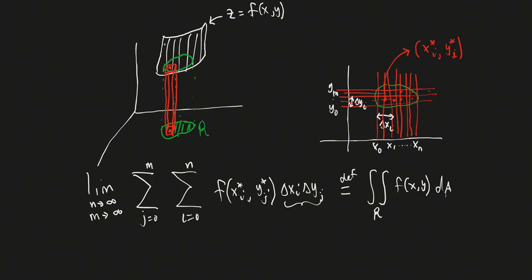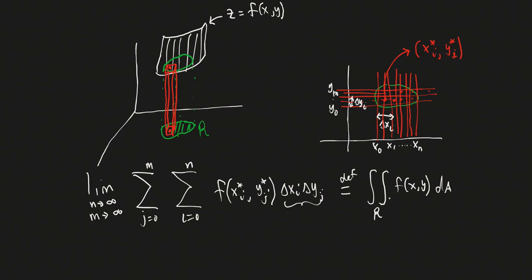So if your z changes from positive to negative values over this region, what we would actually be computing is what we call the net volume. Because some of the function values would be positive, some negative, and when you add them all together, which is what your summation will do, you'll get a net value.